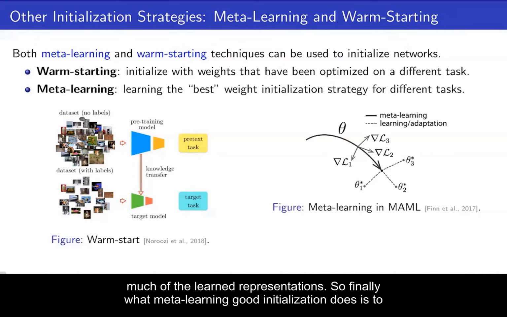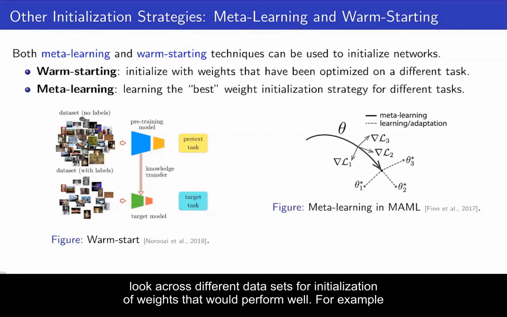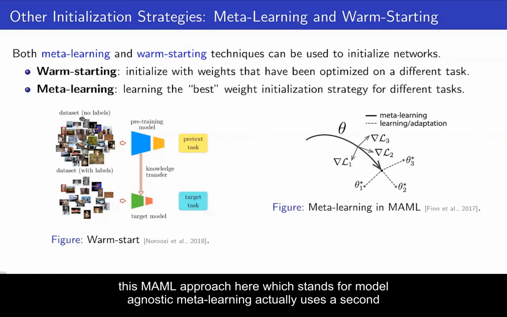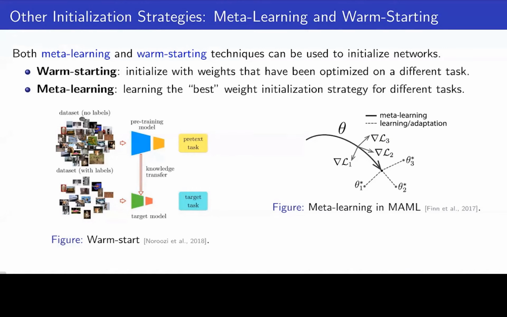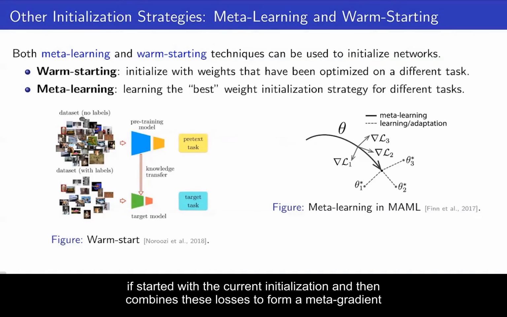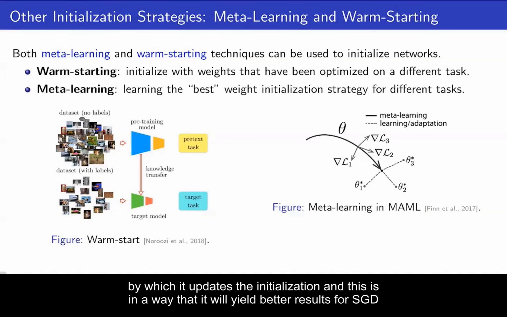So finally, what meta-learning good initialization does is to look across different data sets for initialization of weights that would perform well. For example, this MAML approach here, which stands for model agnostic meta-learning, actually uses a second order optimization process that computes the losses you would obtain on several data sets if started with the current initialization, and then combines these losses to form a meta gradient by which it updates the initialization.